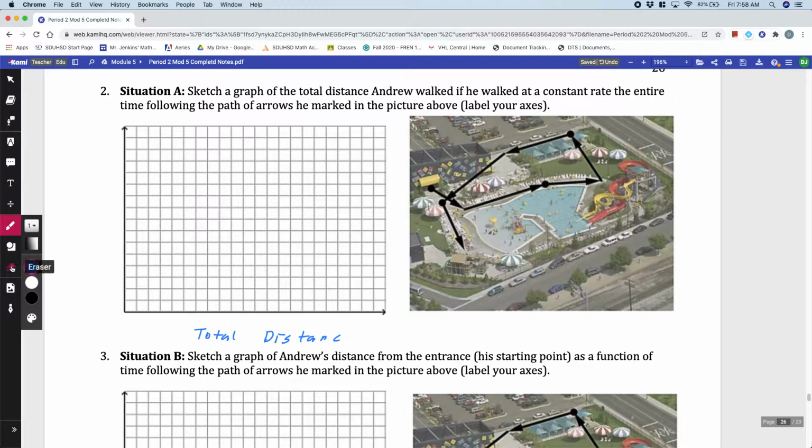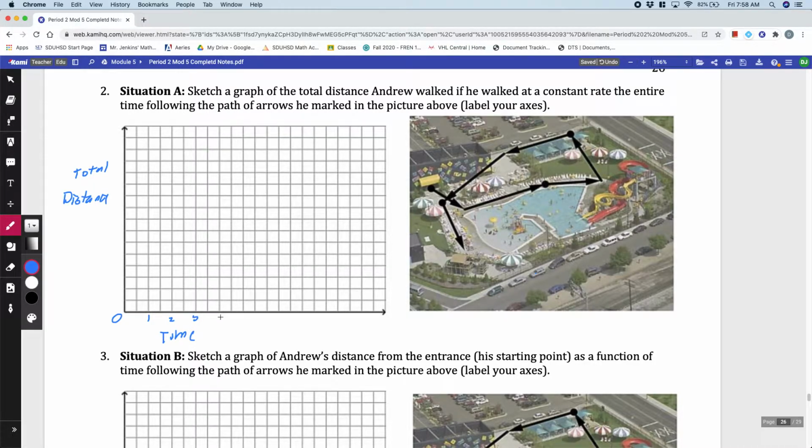So total distance should be on my y-axis. And over here, it's time. So here we go. And we can just go up by 1 minute each. It's not asking for anything specific.